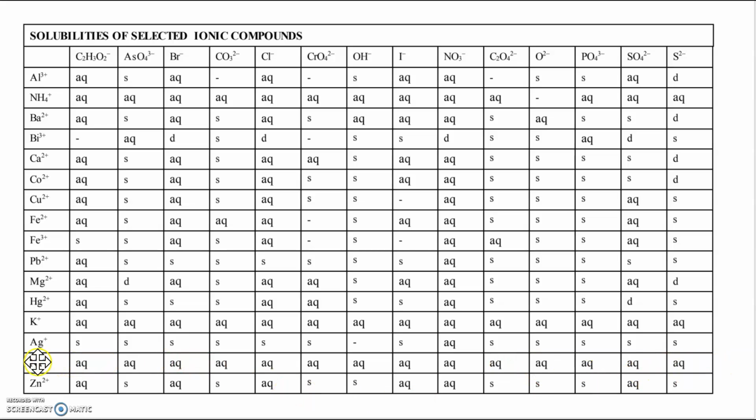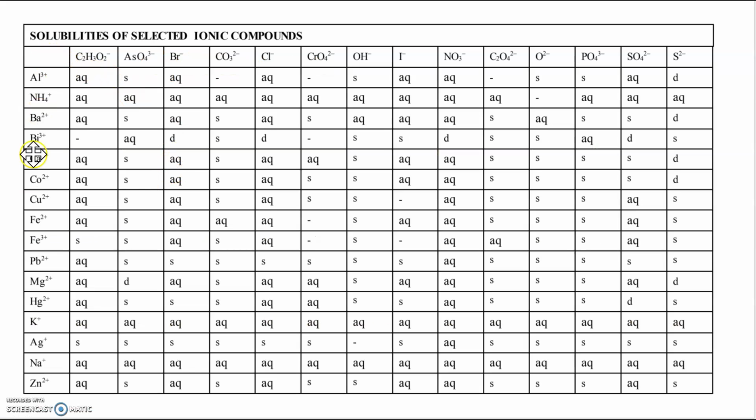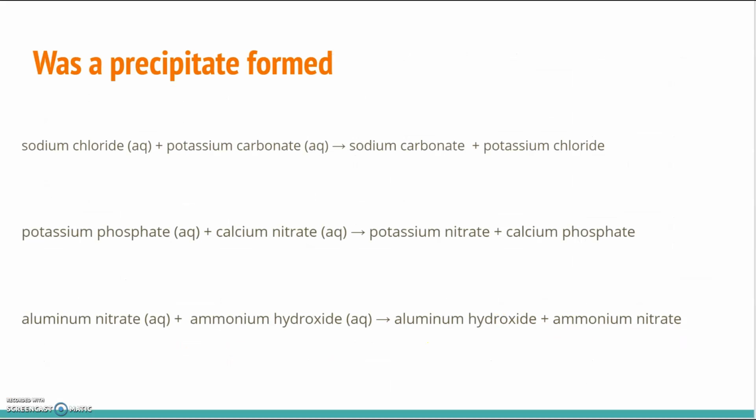So all of the sodium ionic compounds are aqueous. So that one's aqueous. What about the second one, potassium chloride? So I'm going to find potassium, which remember is K, and then I go over to chloride, and it is also aqueous. And if you notice for potassium also, aqueous all the way across. So this is aqueous and this is aqueous.